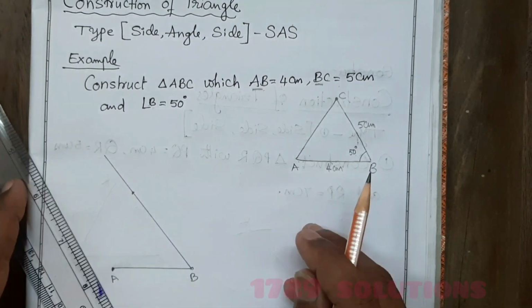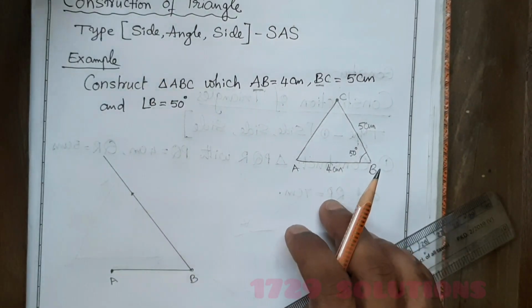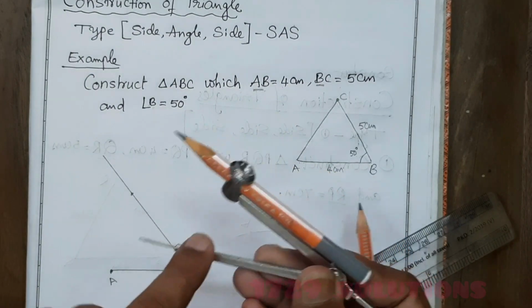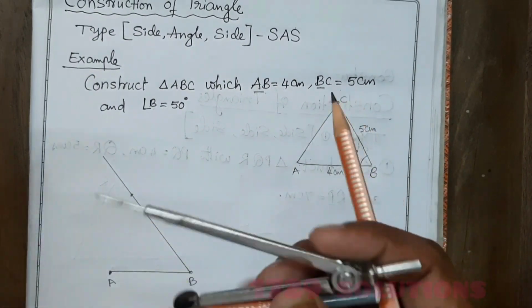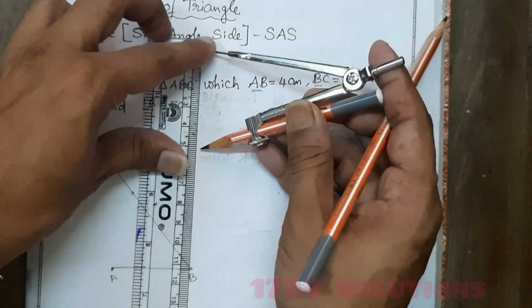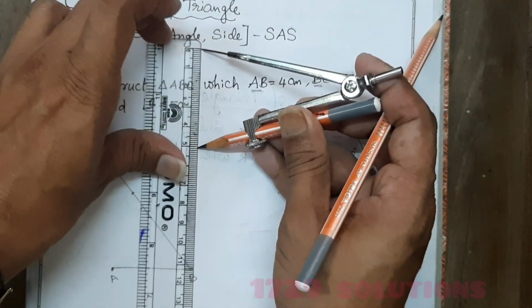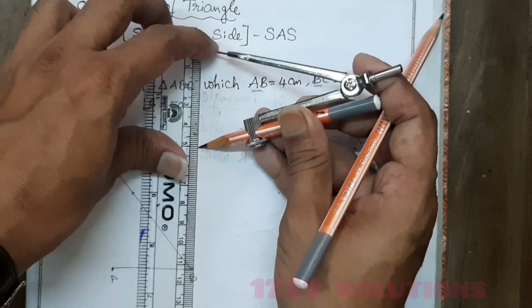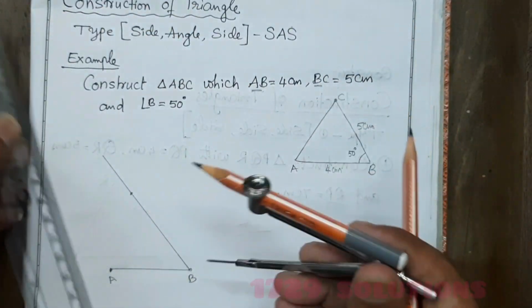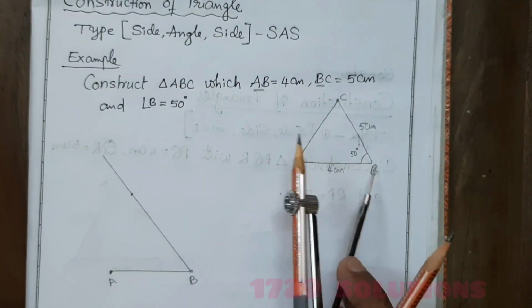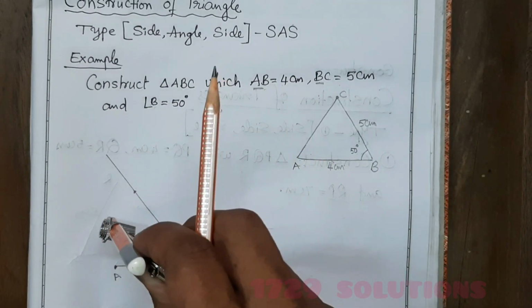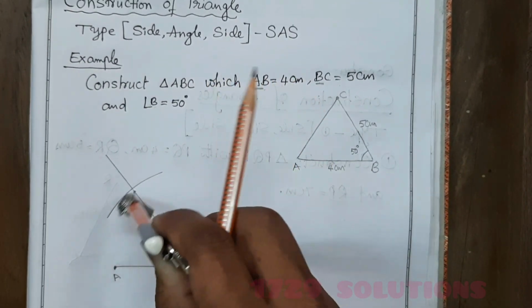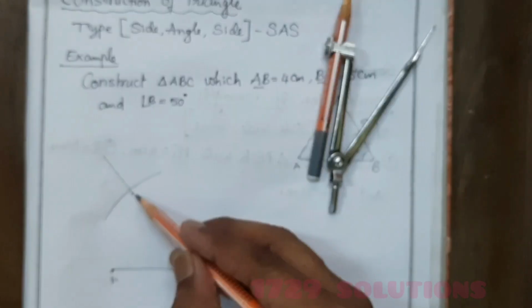Then after, take the compass and measure 5 centimeters for BC. So it's from 0 to 5. And draw an arc from B of 5 centimeters. Now the arc will intersect the line somewhere.